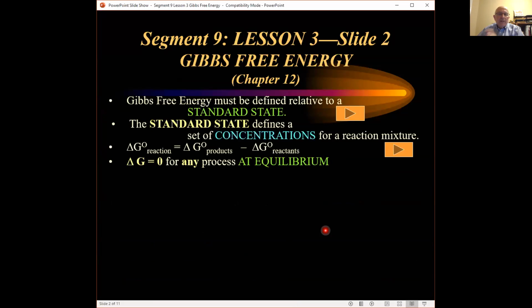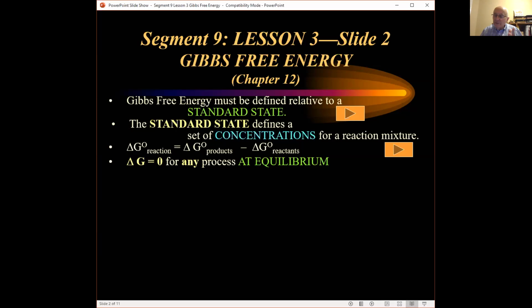And now, this gives us an idea that we need to remember. There is a standard state. The standard state is defined as the elements in their natural state at 1 atmosphere pressure and 25 degrees Celsius or 298 Kelvin.